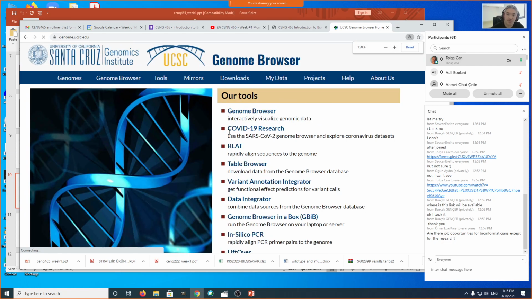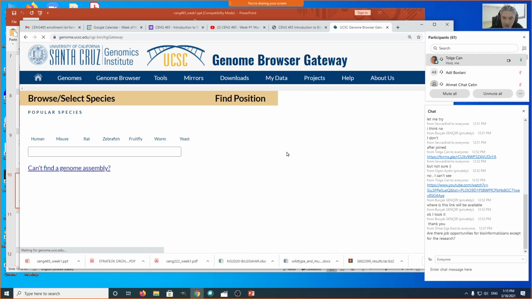This portal. There are many portals like NCBI and NIH in the United States, EMBL in Europe. But look at this genome browser, interactively visualize genomic data. So this is the Google Map portal for our genome.